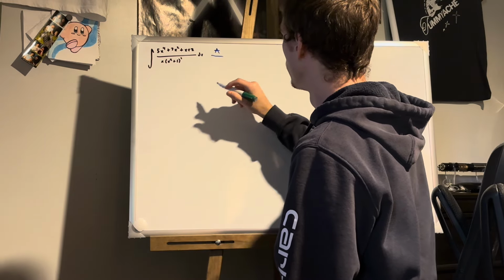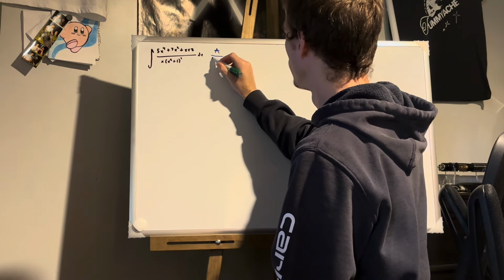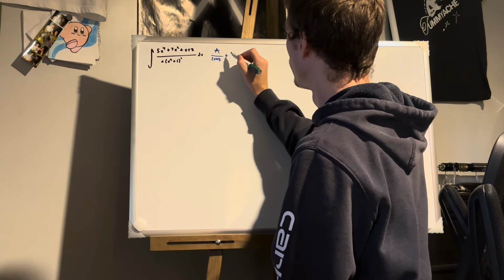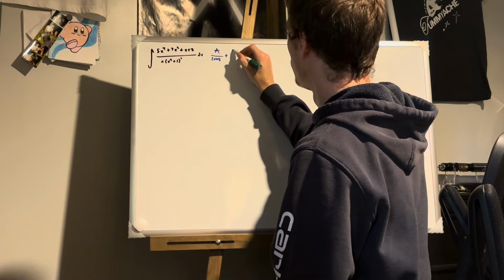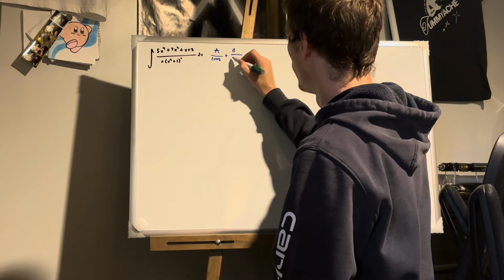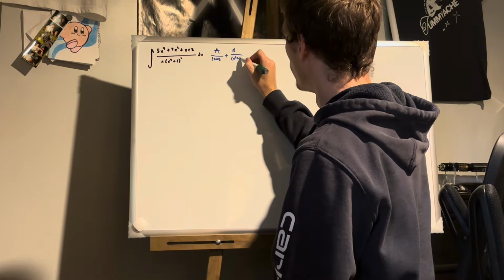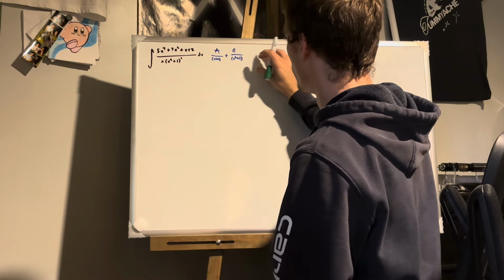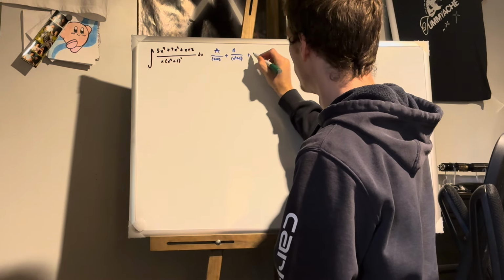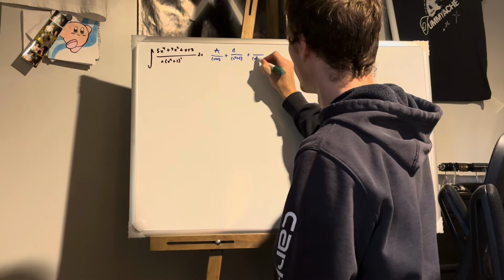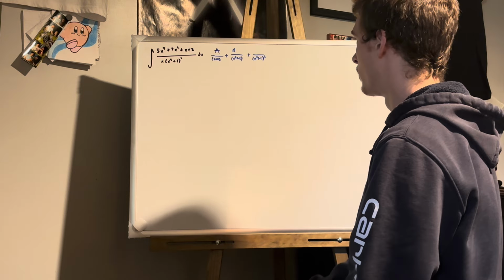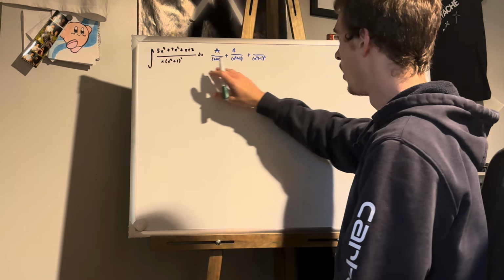We start with A over x plus 0, plus B over, well, be careful, watch this. What's it over? x squared plus 1, because this is squared, so we're going to end up building up to it. That's what you do when you're separating fractions.